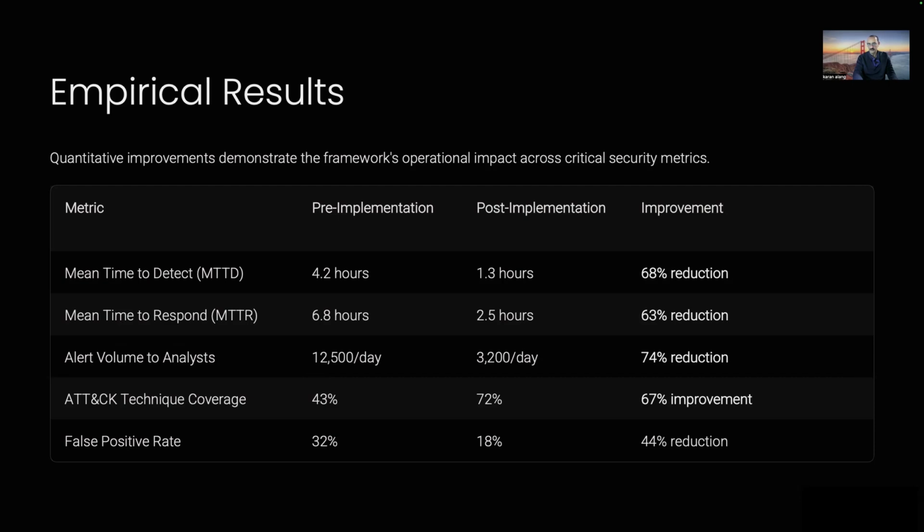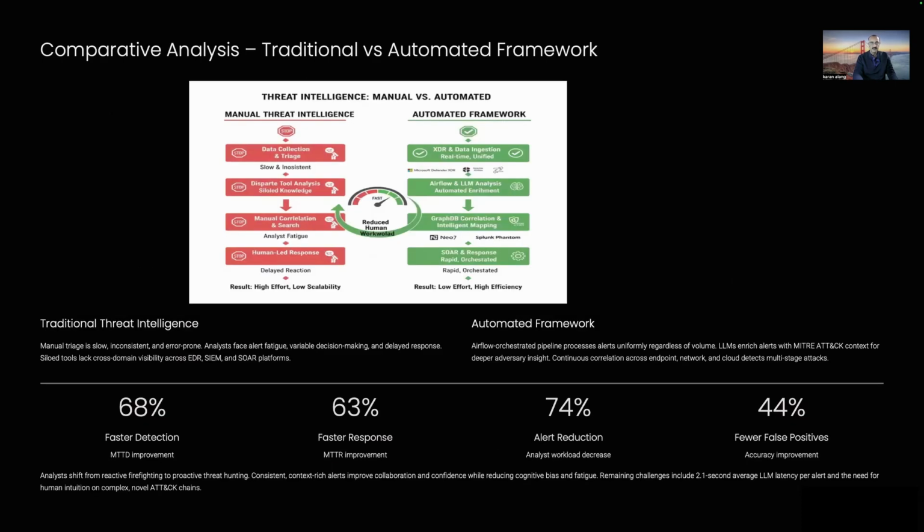Okay, it's a 74% reduction, a huge reduction, and helps the SOC teams and analysts focus on catching the critical threats rather than trying to understand the different alerts. The attack technique coverage has a 67% improvement. The false positive rate is a 44% reduction. So all in all, good metrics which show that the architecture is actually working as we desire.